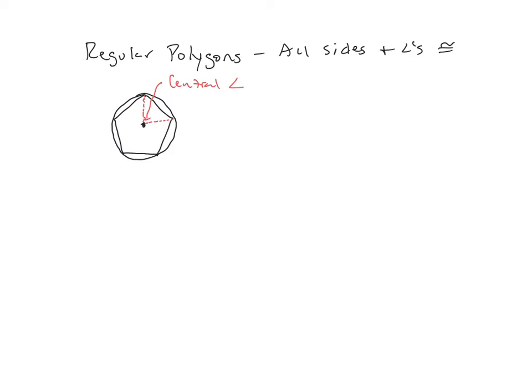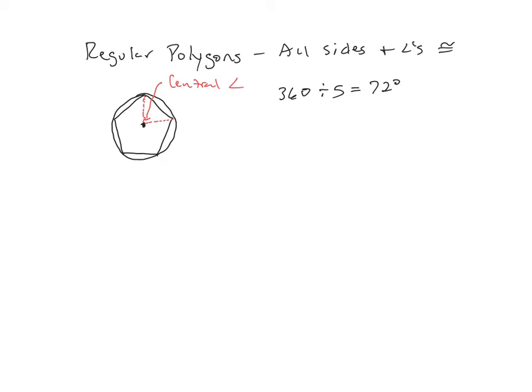Well, it's 360 degrees all the way around the circle. And there's 5 sides to the pentagon that's on the inside. So I'm going to divide by 5. And my central angle is 72 degrees.